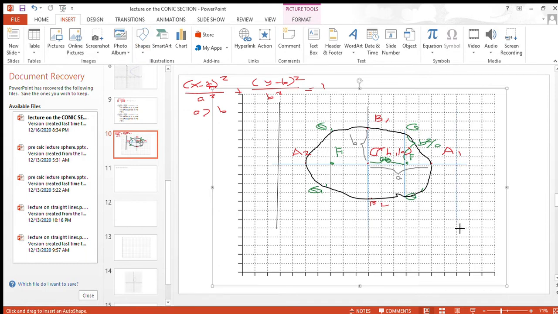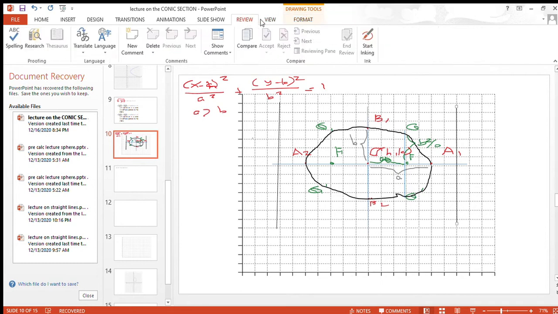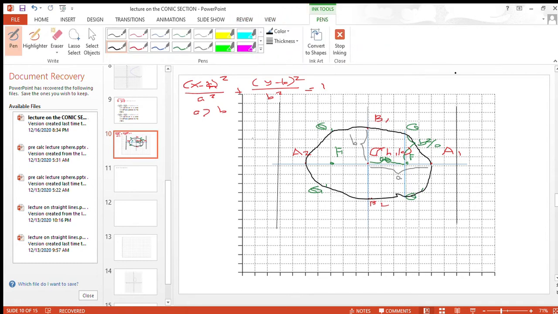So that will be another directrix. So let's just label this. This is directrix D prime, and then this is D1 prime. Distance from center to the directrix is a over e. Okay? So those are the things that we need to remember.